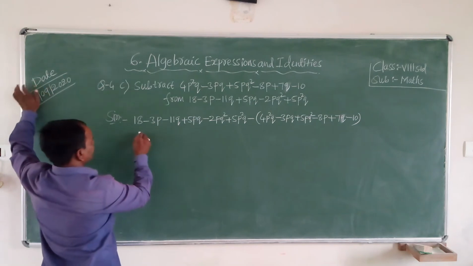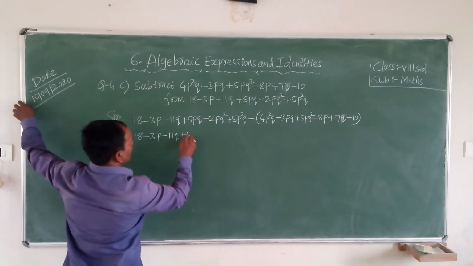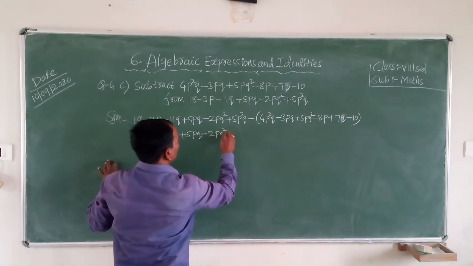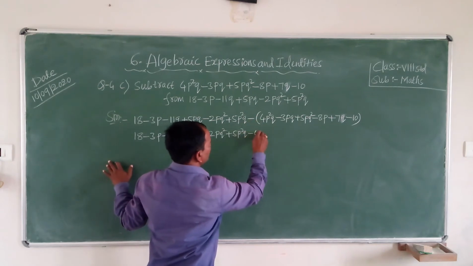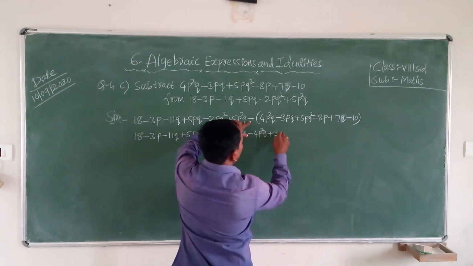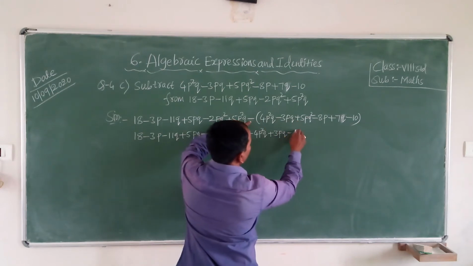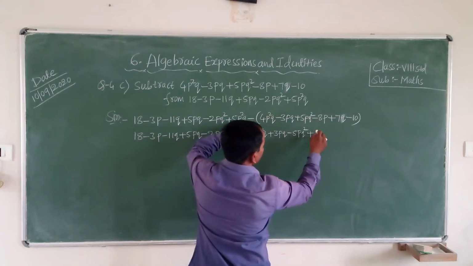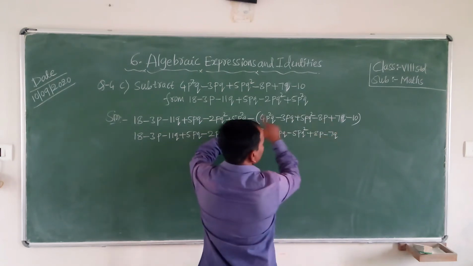How to open the bracket? See, the first expression stays as it is: 18 minus 3p minus 11q plus 5p cube minus 2p square plus 5p square cube. Then the signs inside the bracket change: minus plus minus 4p square, minus minus plus 3p cube, minus plus minus 5p square, and so on.